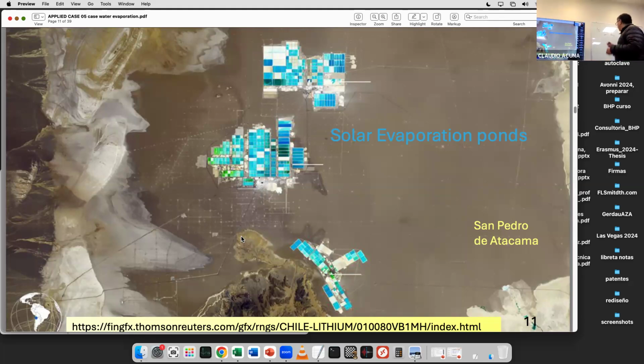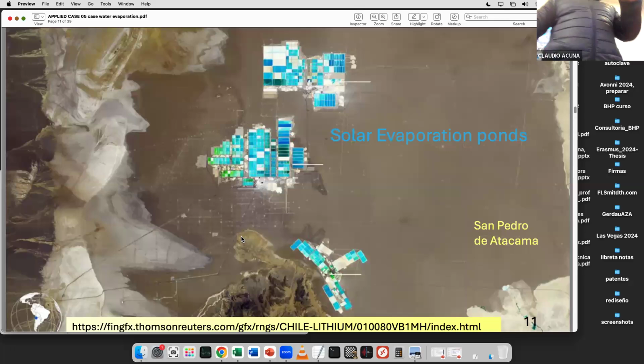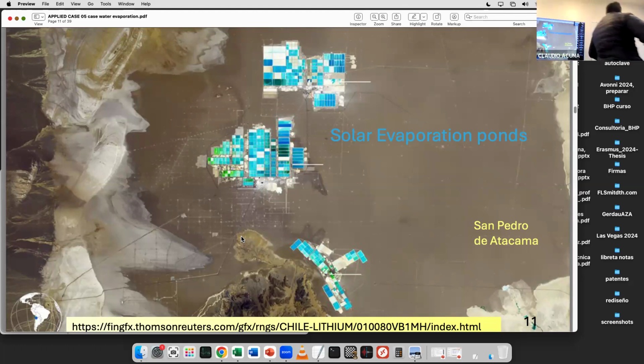This is water. In a brine, you can have 6 to 8, because of the effect of salt on the vapor pressure.